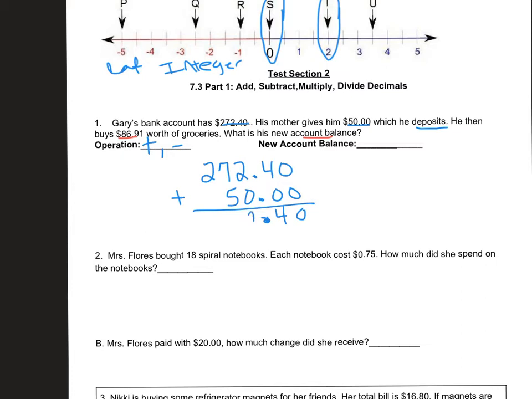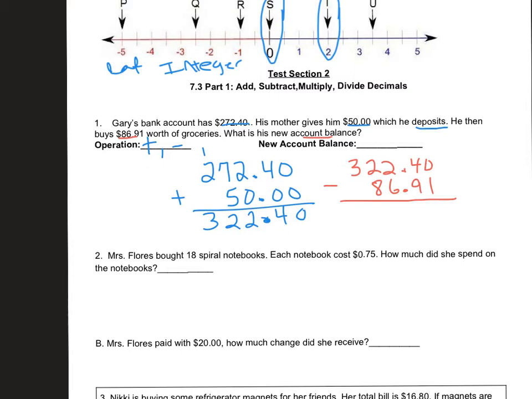So when I add these numbers together, I know that he currently has $322.40. But then he has to buy groceries, right? Because he definitely needs to eat. So once he buys $86.91 worth of groceries, his new account balance is going to change a little bit, okay?